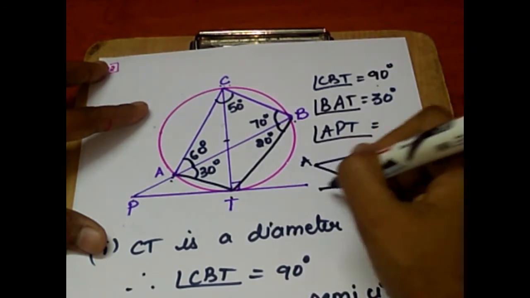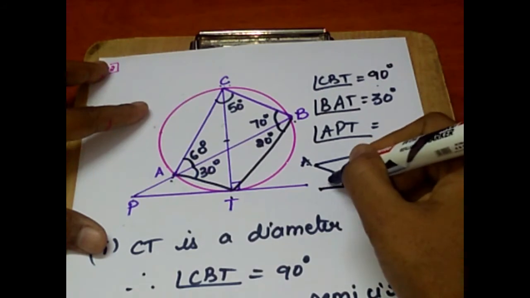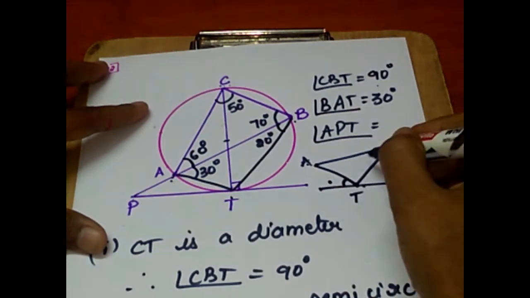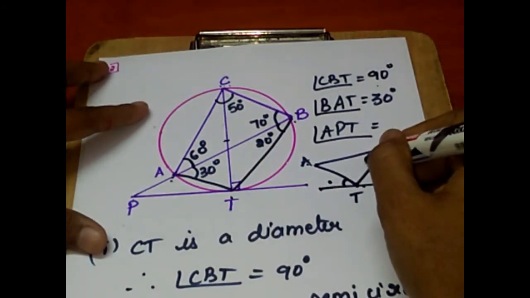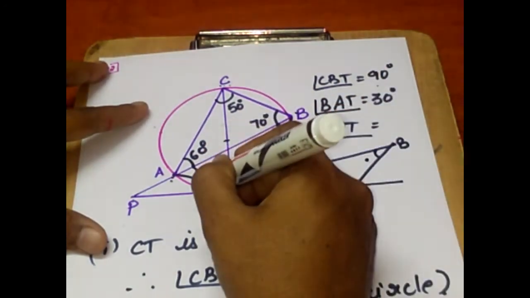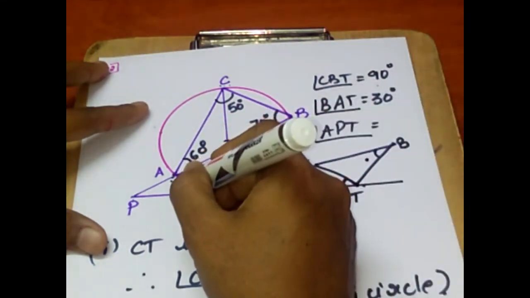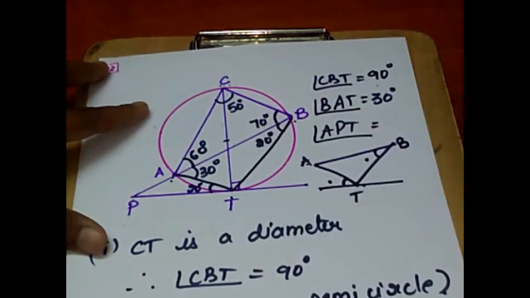You can notice, children, T is the intersection point, AT is the chord. So the angle between the chord and the tangent is equal to the angle in the alternate segment. Hence I can say that angle ATP is equal to 20 degree. Reason: angle in the alternate segment.